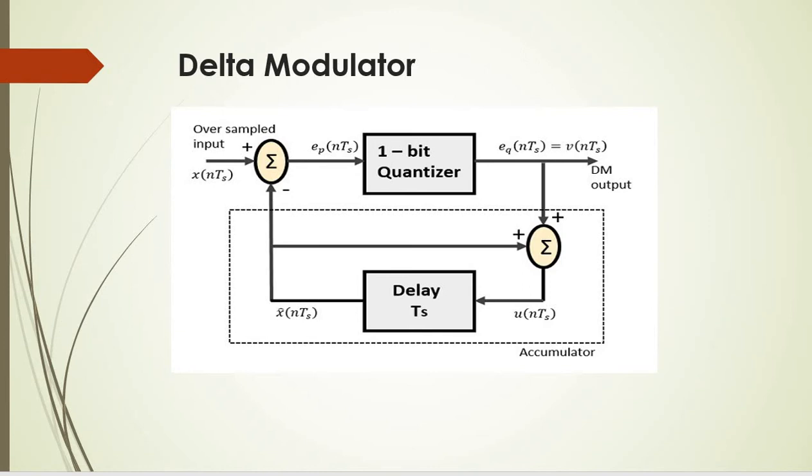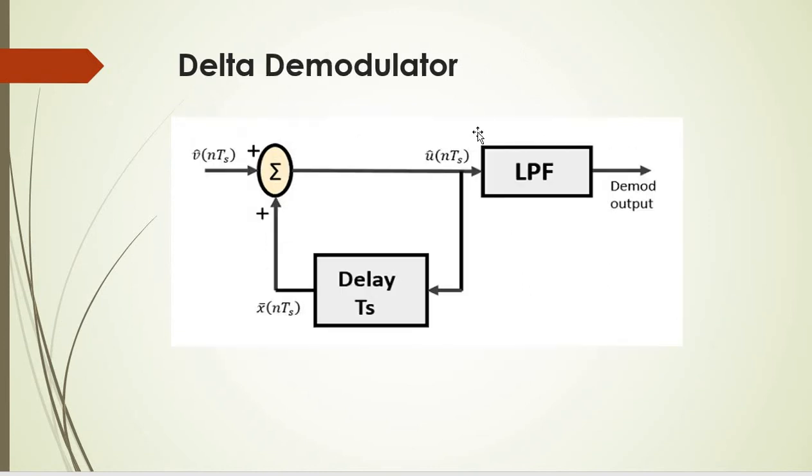Now in a practical delta demodulator circuit, the incoming zeros and ones are first converted into a stair-step waveform, and thereafter the stair-step waveform is smoothened or demodulated with the help of a low-pass filter.